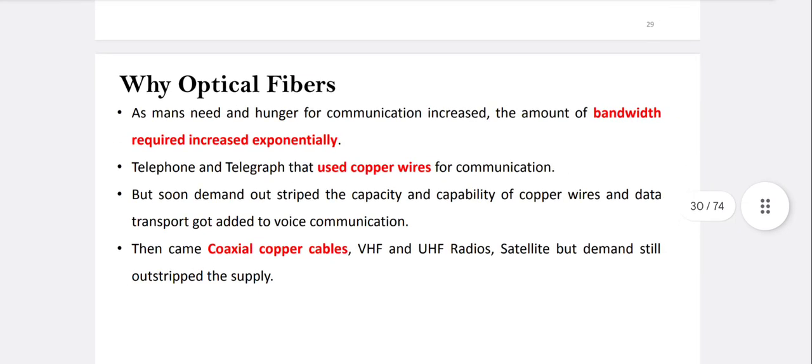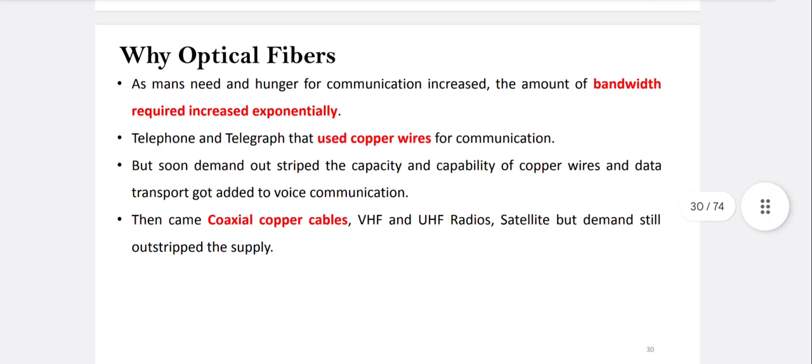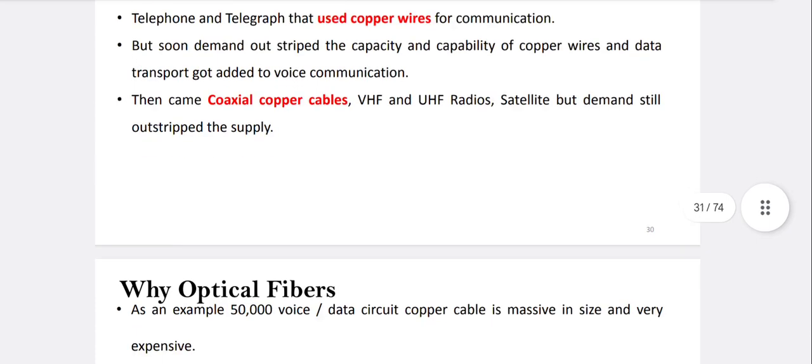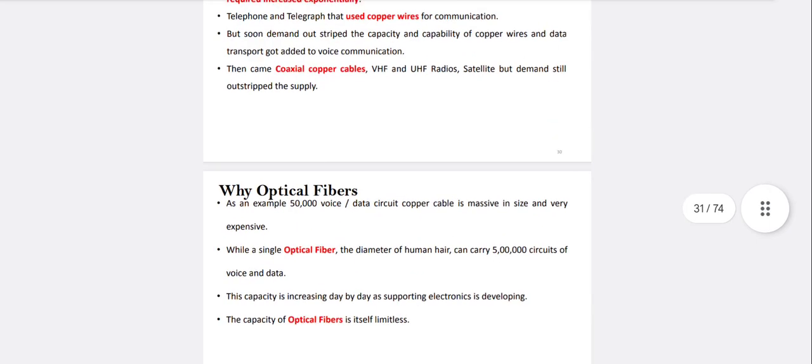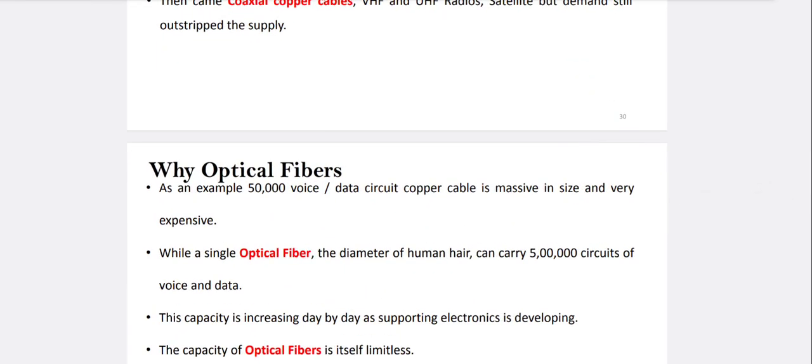In modern technology we use many types of communication systems. Among these, why do we go for optical communication? In optical communication, a single optical fiber has a diameter like a human hair.